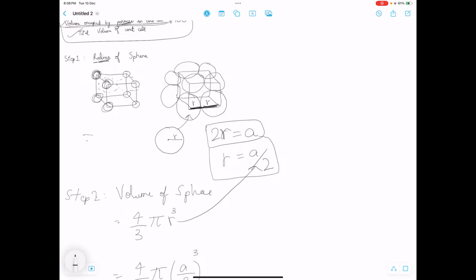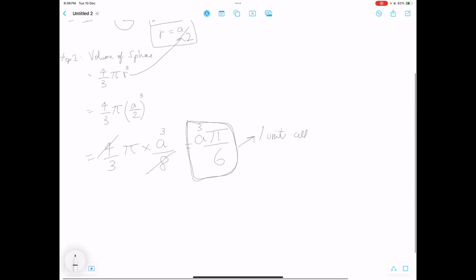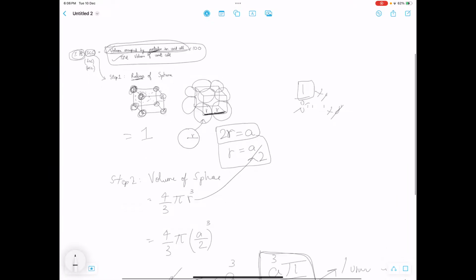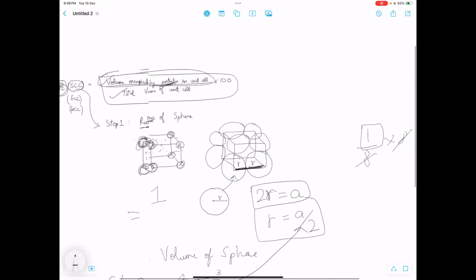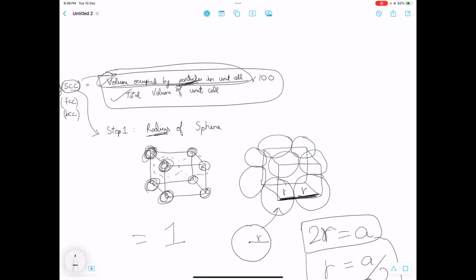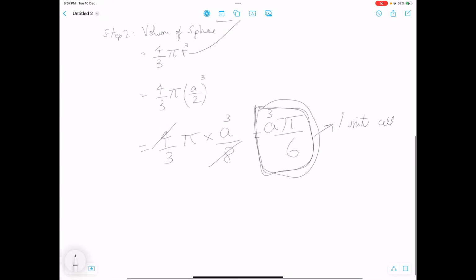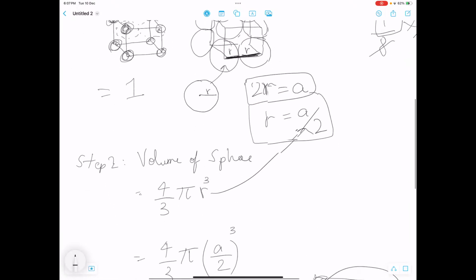In total, all these atoms make up one atom, because only 1/8 part is retained in each corner, multiplied by 8 corners. So only one whole atom is formed by these 8 small atoms. That's why this remains the same for all the particles in the unit cell. So we got the numerator. Now we need the denominator, the total volume of the unit cell.